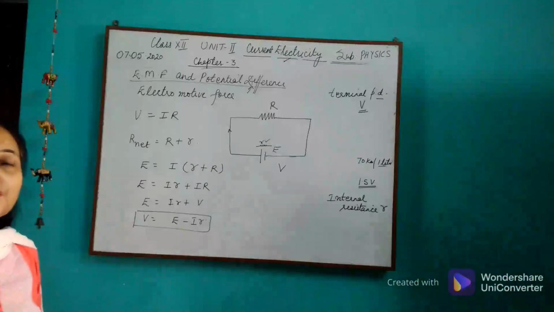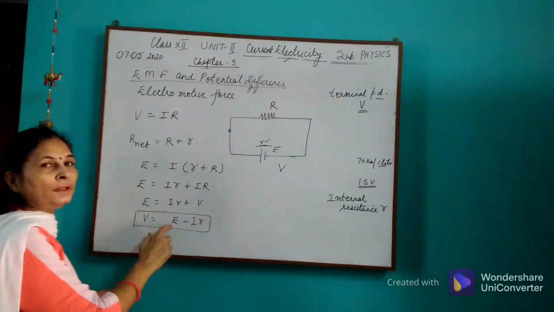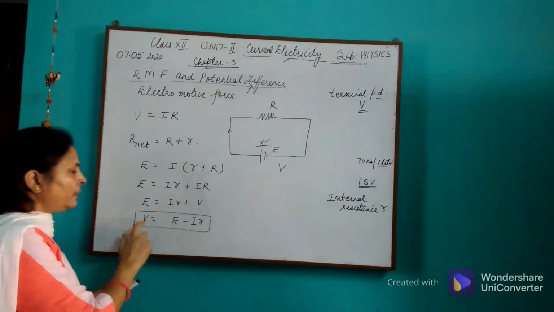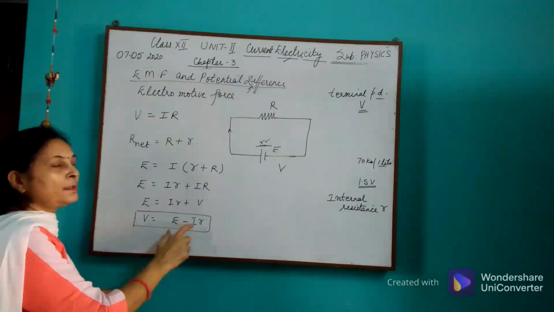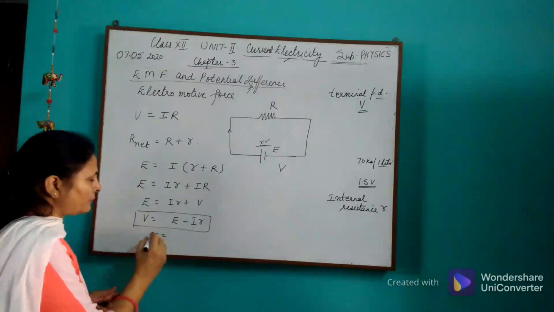So this is the relationship between V and E: V is equal to E minus Ir.